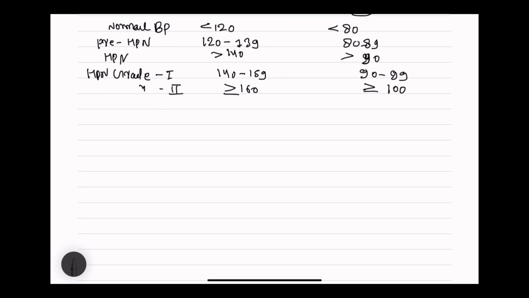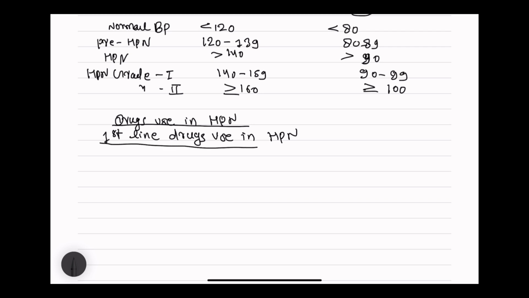First, the first line drugs used in hypertension, and later I will discuss the safe drugs in pregnancy, because it's necessary to know the drugs in the general condition first.